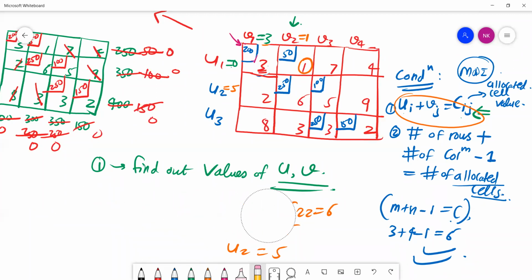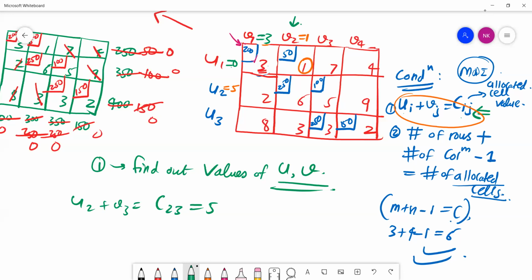C23 is equal to 5. U2 plus V3 is equal to 5. That means U2 is 5, plus V3 equal to 5, which implies V3 is equal to 0. So I will be writing over here V3 equal to 0.